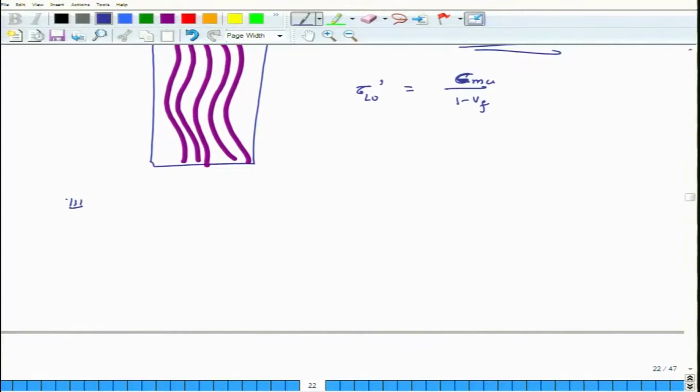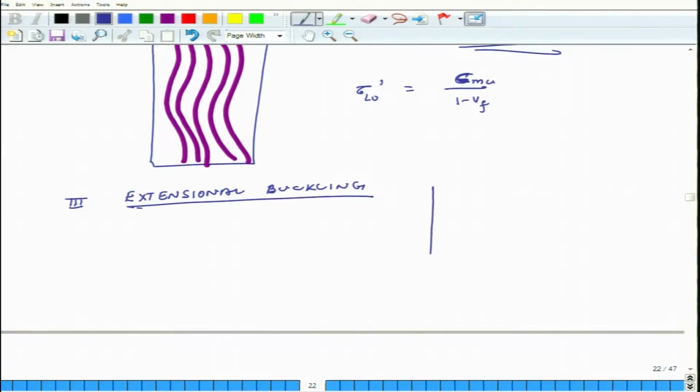But then if the number of fibers in the system is very small, then we have a third mode of failure, extensional buckling. What happens here?